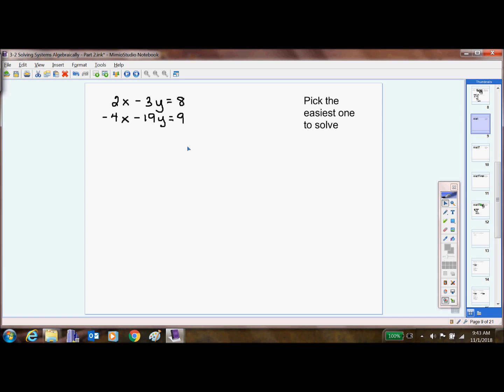What do you mean by the first one? X. Because in order to solve for X, what would need to happen? Equal and opposite. So what would be the best way of doing that? Like, how are we going to make these equal and opposite on the X's?